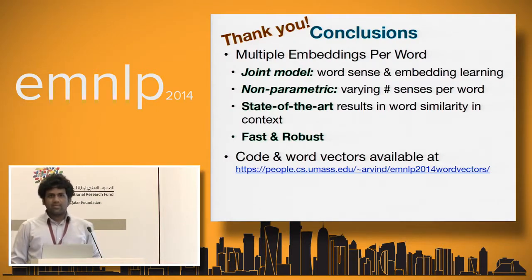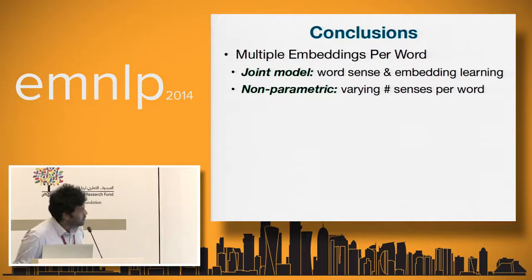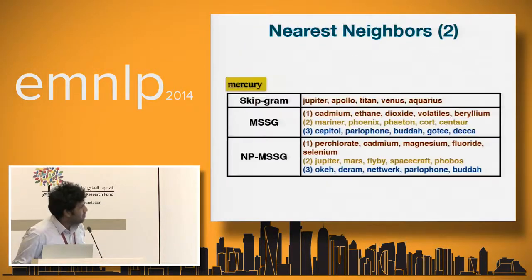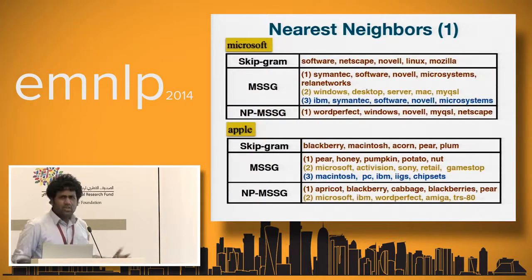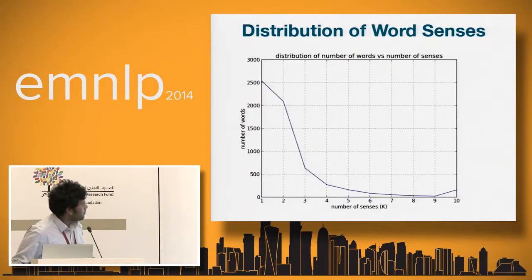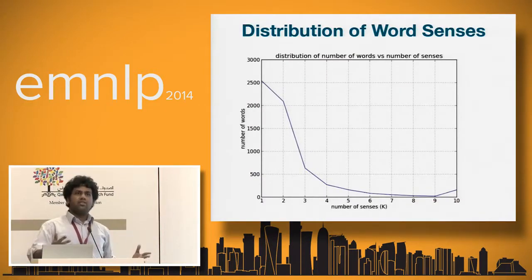Thanks very much for a good talk. Can you speak a little bit about how you choose the parameter lambda for the threshold? Sure. We did not play around much with that because we really do not have a task to measure the number of senses. So we have a validation set which is about one tenth of the training data.